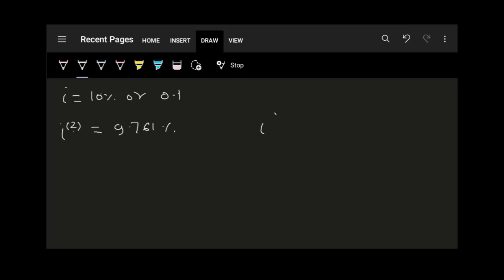I can calculate I4, which will be 9.645%.